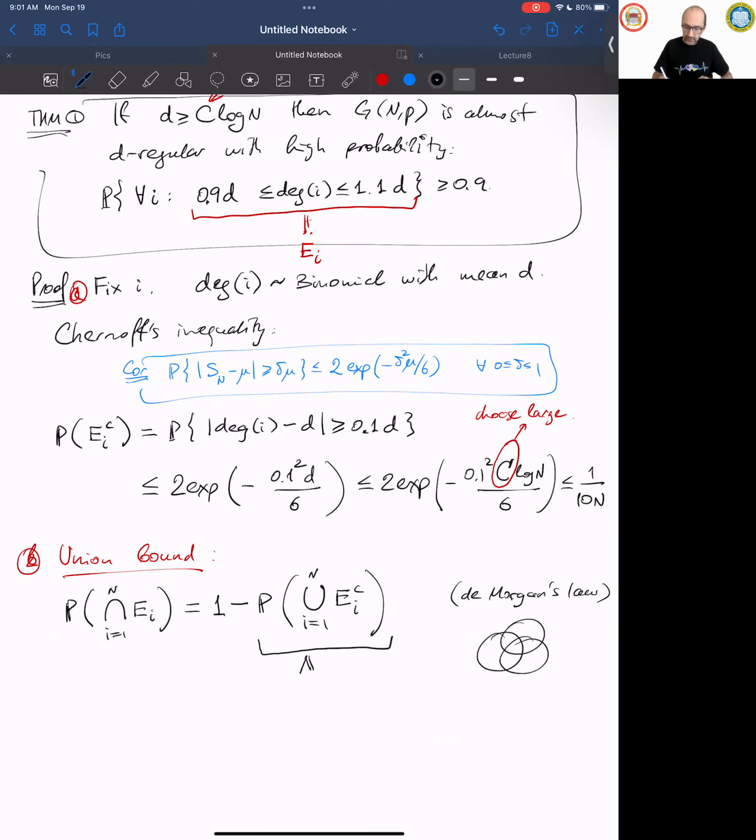Now the probability of the union is less than the sum of probabilities. Intuitively this should be clear. This is our union. The probability of the union of all these three circles is less than the sum of the probabilities of the circles, because you'll have some overlap, and that's why you have an inequality.